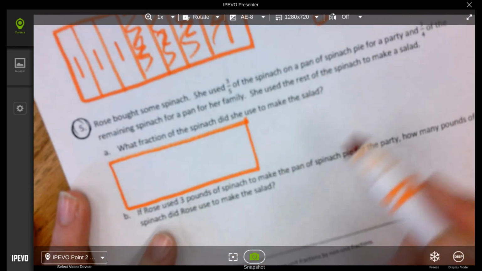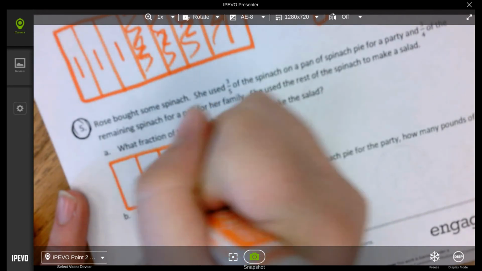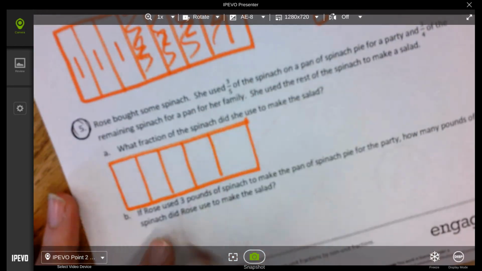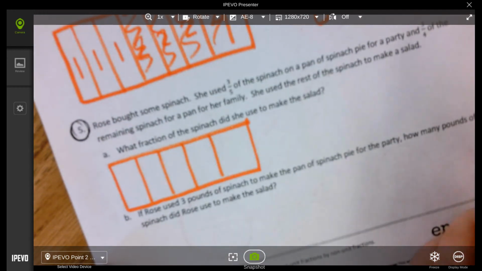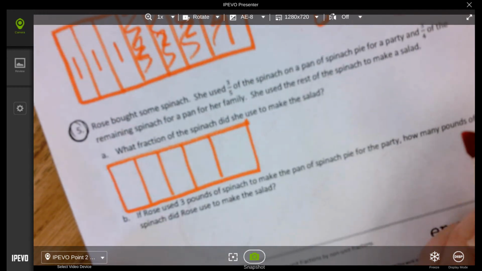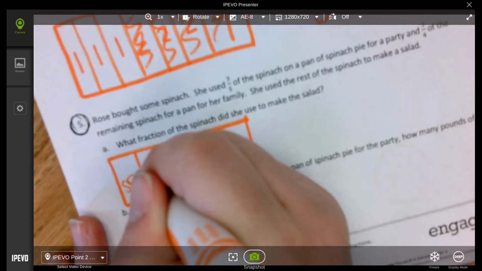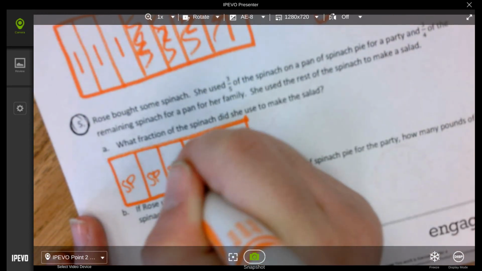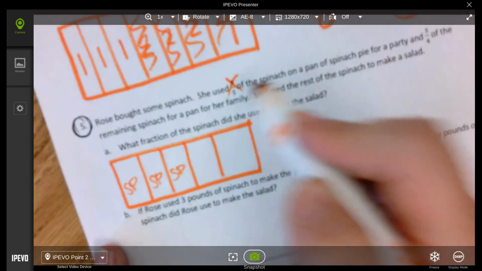She used 3/5 of the spinach on a pan. So, I'm going to break it into 5 pieces. And so this was for spinach pie. We'll call it SP for spinach pie. SP, SP. All right, so that's used.